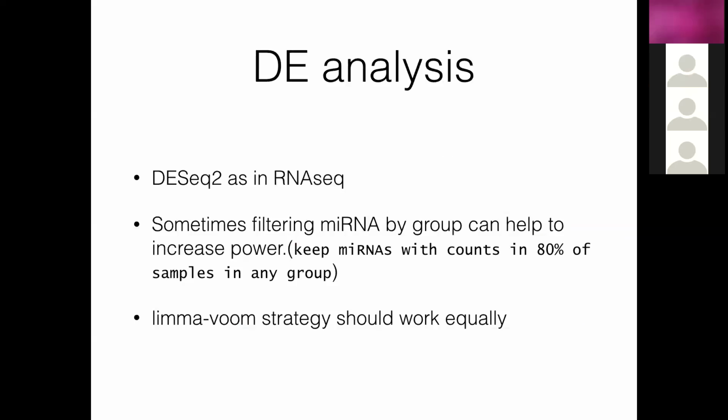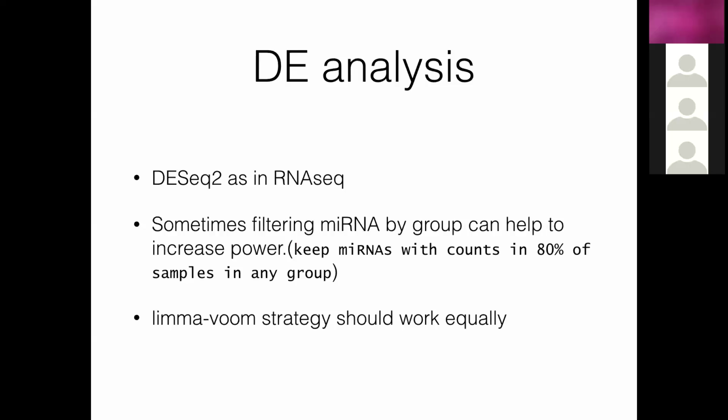And for the differential expression, I can just say what I use. Normally I choose DESeq2 because it works good enough. I think that limma-voom will work as well, and if you have a lot of samples, it will be much faster than DESeq2.